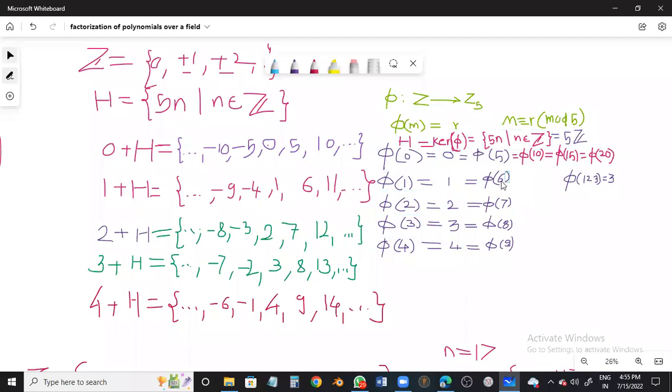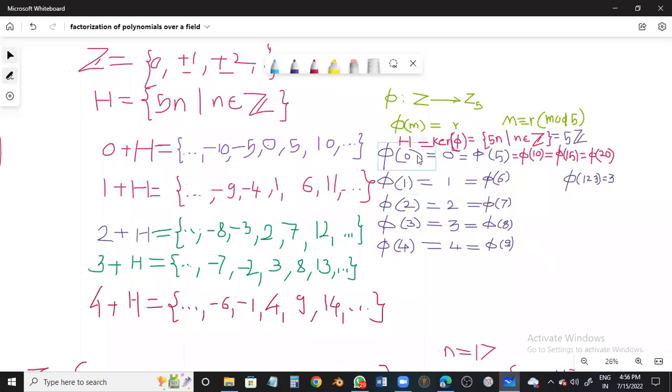Now if I take 6, what will be the image of 6? 6 divided by 5, remainder is 1. So phi of 6 is the same as phi of 1. If I go for phi of 7, the image is the same as phi of 2, that is 2, and so on. So I suppose you got me.